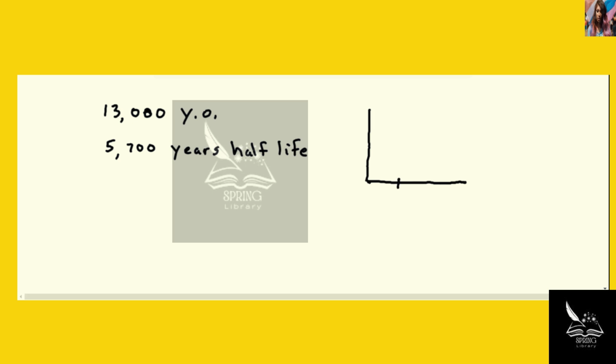Well, it's a little tricky because we have a bar for 11.4 thousand years, and we have a bar for 17.1 thousand years. The 17.1 is exactly 12.5%, whereas the 11.4 thousand years is 25%.